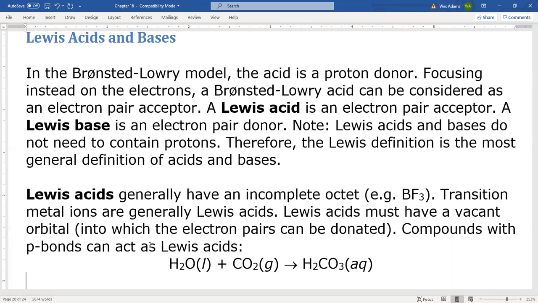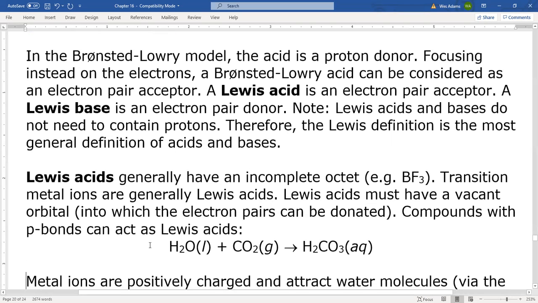And because it has electrons from the pi electrons to donate to form bonds with hydrogen, they act as Lewis acids in that there's an electron pair donated to form these extra bonds with hydrogen and oxygen, instead of moving around the hydrogens explicitly.